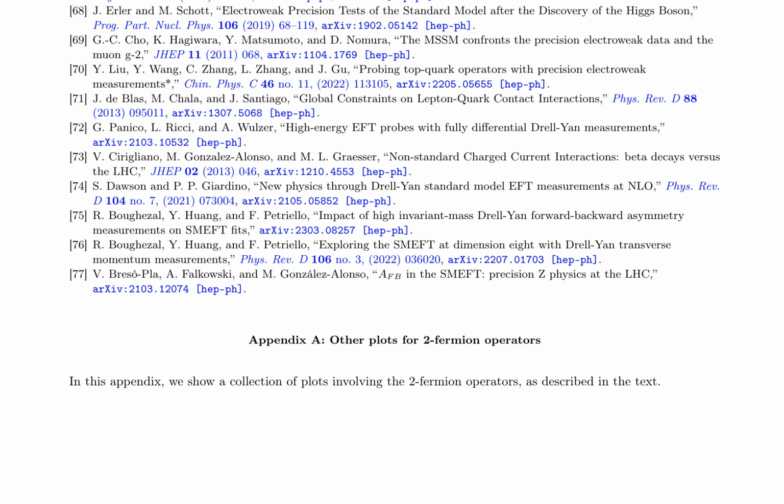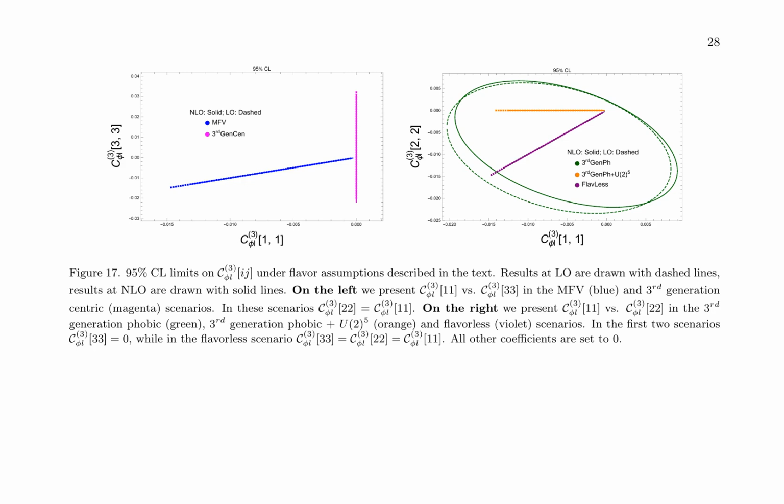These limits are obtained at both leading order, LO, and NLO in QCD corrections. The results demonstrate the significant impact of flavor assumptions on the limits of the Wilson coefficients, with NLO calculations generally yielding more stringent limits than LO calculations. The flavorless scenario often results in the most stringent limits, as it assumes that all flavor coefficients are equal.